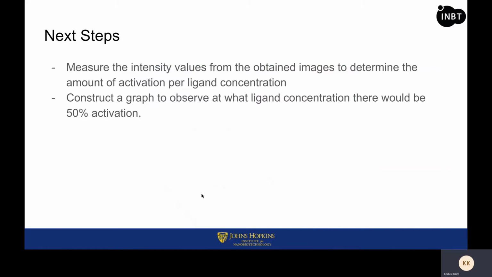This graph would take the shape of an S-curve, with the lower asymptote representing the low ligand concentration and the upper asymptote corresponding to the high ligand concentration and denoting the maximum phosphorylation. And using this graph, you would ultimately be able to determine at what ligand concentration there would be 50% receptor activation.